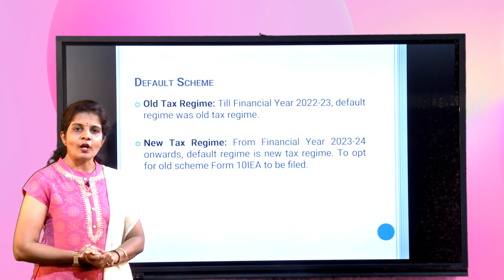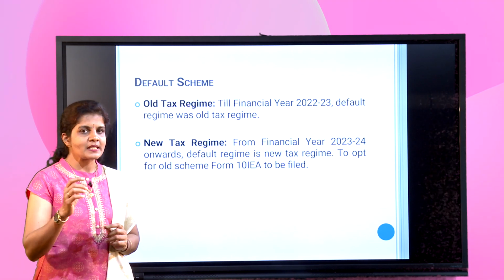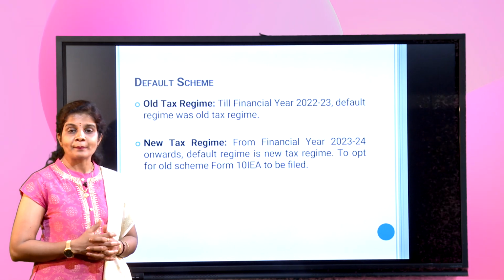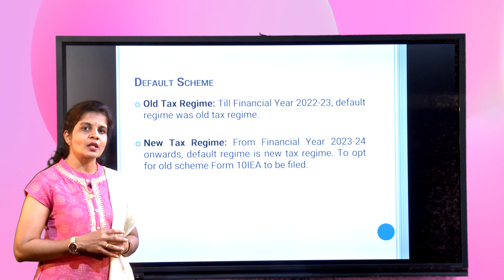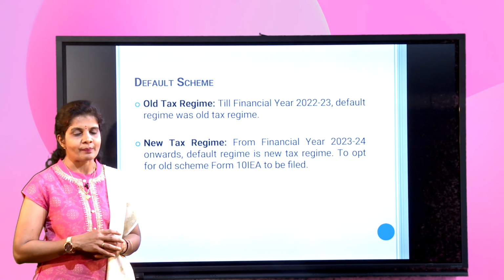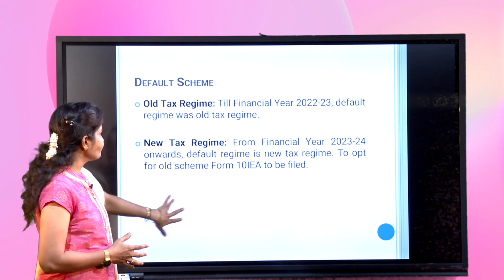Form 10IEA is to be filled and submitted to the employer if the taxpayer or individual is opting for the old tax regime. Otherwise, the new tax regime will become the default.